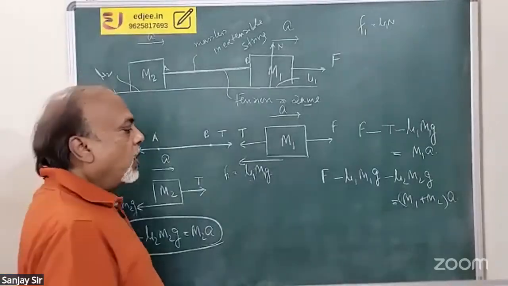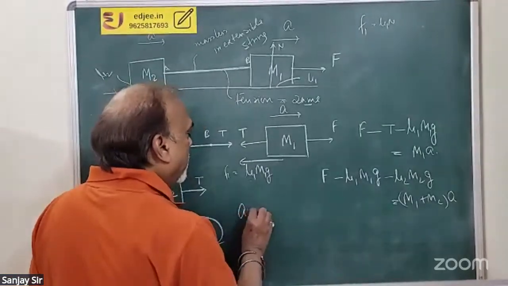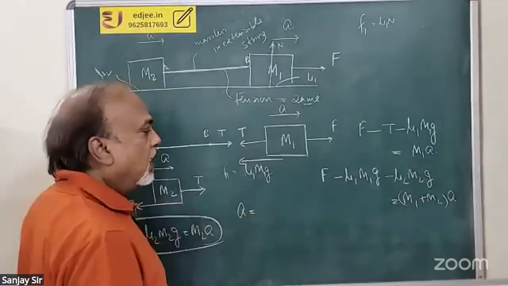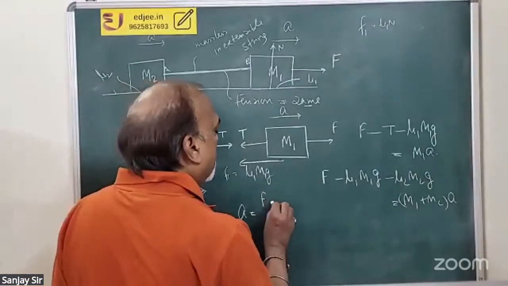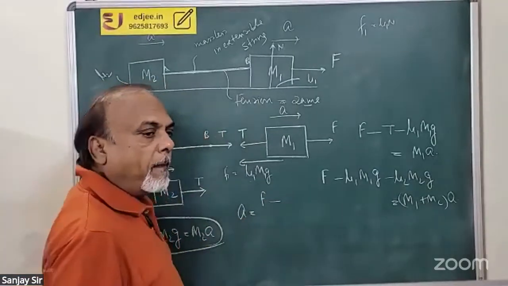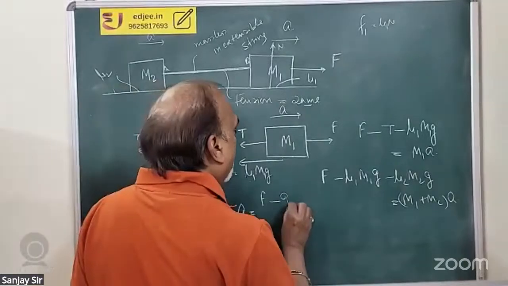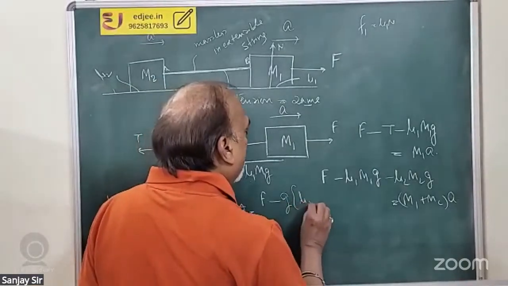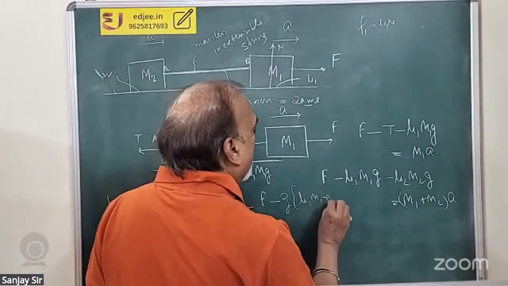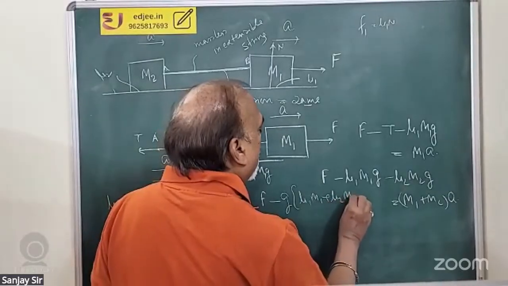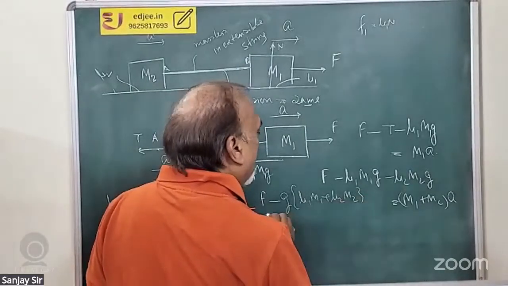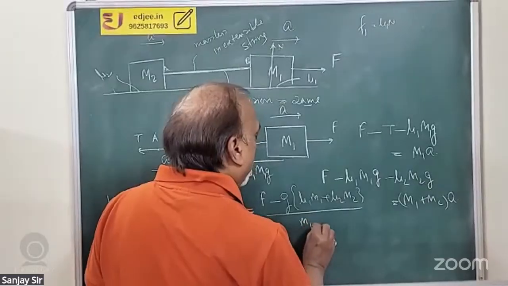Correct. So a, the acceleration in this case, is nothing but F minus g, you can take common, mu1 m1 plus mu2 m2, divided by m1 plus m2.